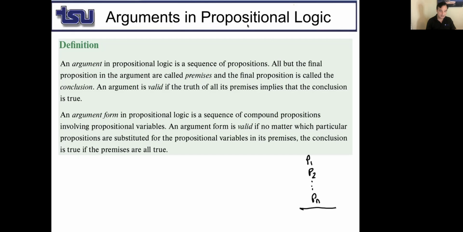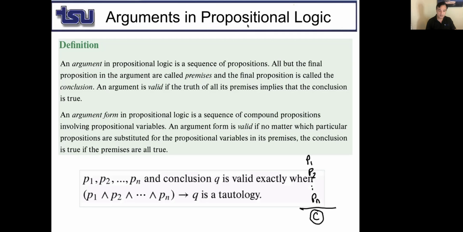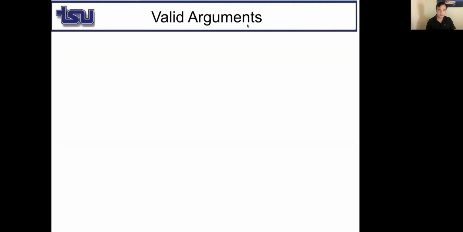And the last proposition will be the conclusion. So this tells us that if all the propositions are correct, then it needs to lead to a correct conclusion. If all premises are true, the conclusion must be true. Otherwise, that's not a valid argument, including premises and then inferred statements.